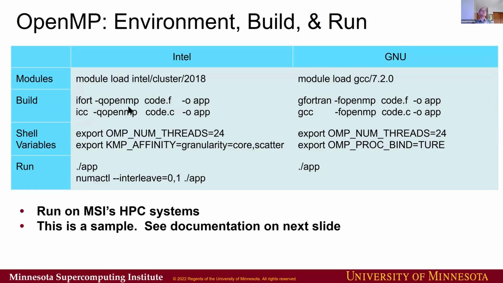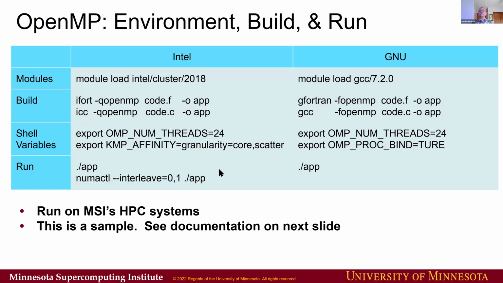Then to build, you'll want to compile your code in Fortran or C. And so there's the Intel and the GNU compilers for each. And then when it comes time to run it, you may want to set up your environment not only with the module loads, but setting up these shell variables in terms of the number of threads. And then you can also control thread affinity in a variety of ways, depending on which family of compiler you're using.